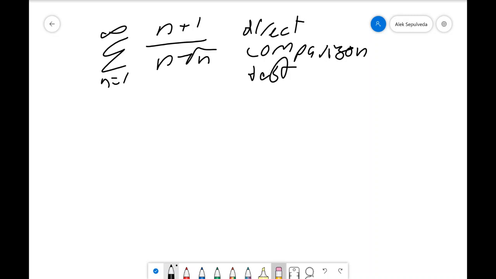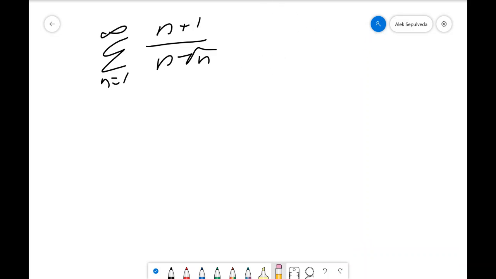To do the direct comparison test, we have to basically show divergence in this case. We're going to define our comparison: n all over n square root of n is b sub n.